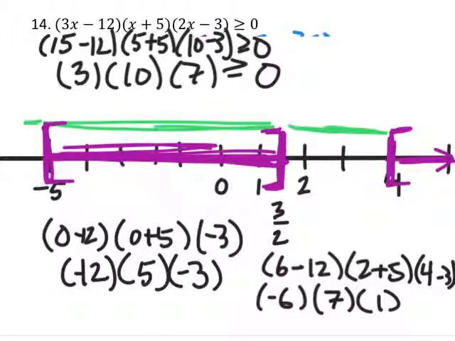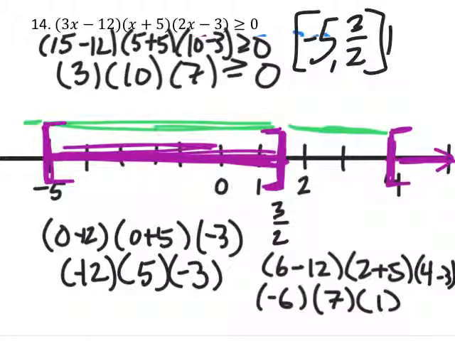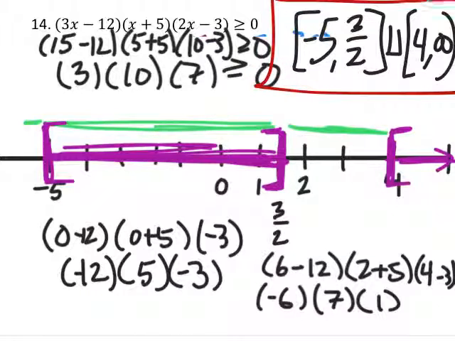So the brackets are going to be included with the negative 5 and 3/2. We got negative 5 and 3/2 with the union of 4, and that will go all the way to infinity, which is not included, but it's part of the solution here, okay? So there you go.